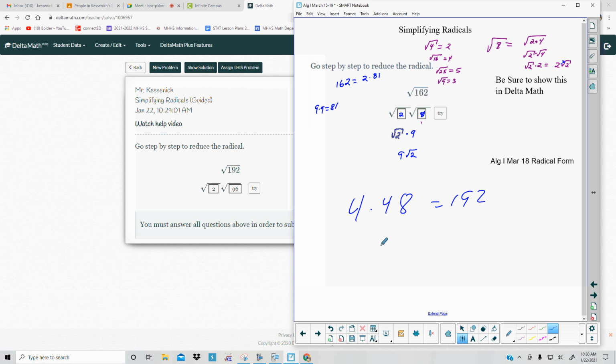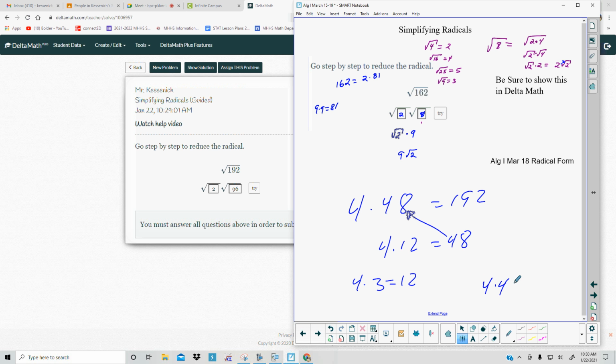But 4 will also go into the 48. So 4 times 12 gives you that 48. But then, isn't 12 a 4 times 3? So right now, I've got a 4, a 4, and a 4.